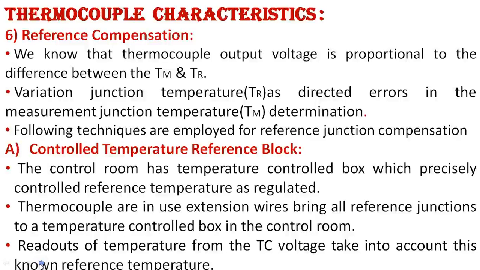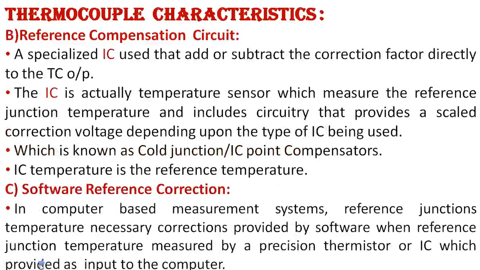The control room has a temperature control box which precisely controls the reference temperature. Extension wires bring all reference junctions to a temperature control box in the common room when the thermocouples are in use. Readouts of temperature from the thermocouple voltage take this into account. This is known as the reference temperature.